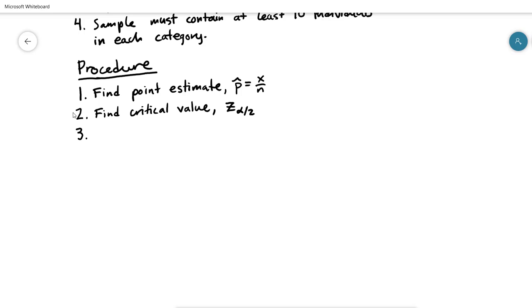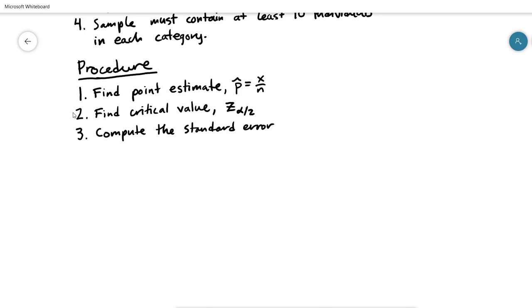The third step is to compute our standard error. The standard error is the standard deviation of our sampling distribution, which in this case is just a repeated binomial experiment over and over.